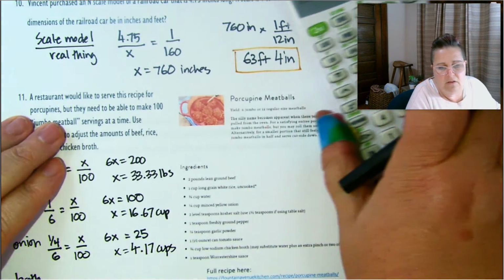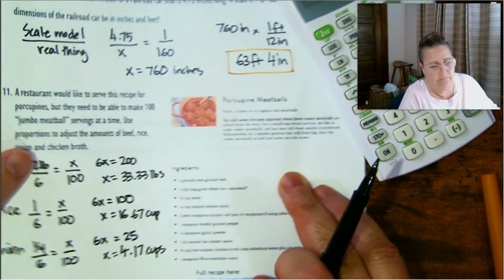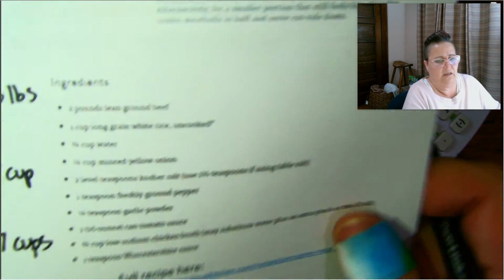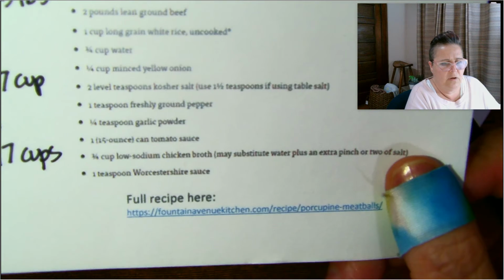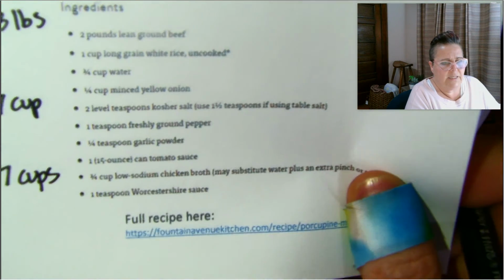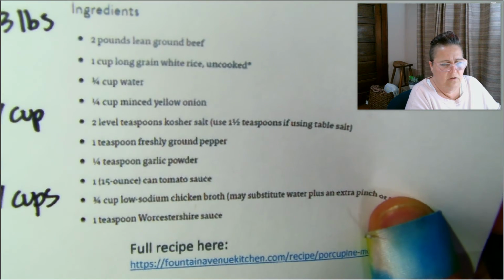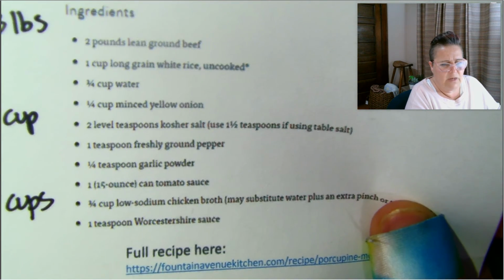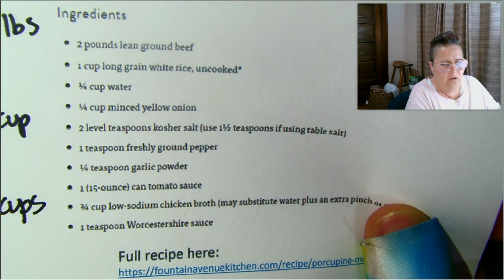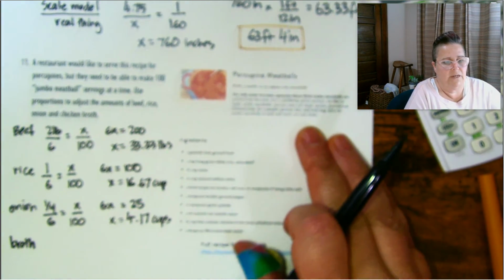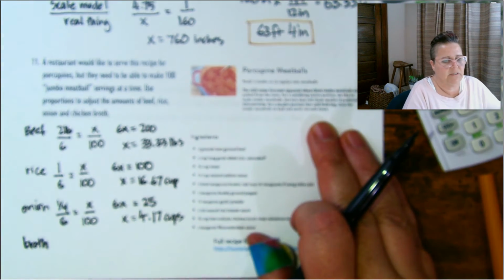I can't tell. I'm going to get up close. Because I can't tell if that's 1/4 or 3/4. Oh, that's a 3. That's a 3/4 cup of broth. Okay. I didn't think I would do the same as the last problem.